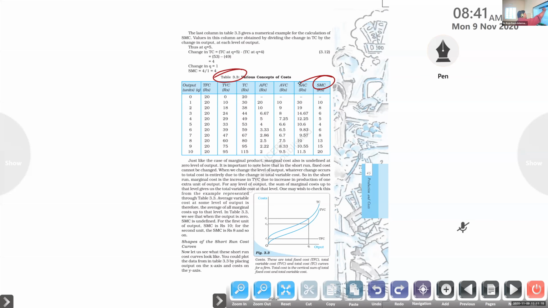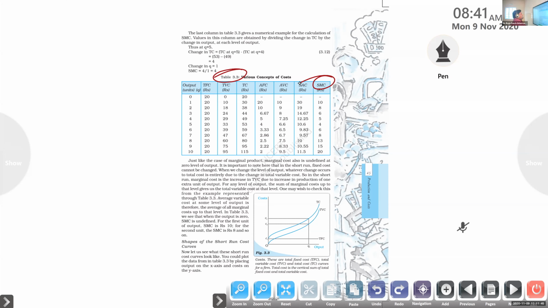Then SAC, short run average cost. AVC, average variable cost.